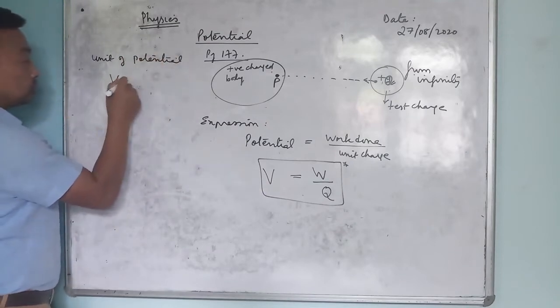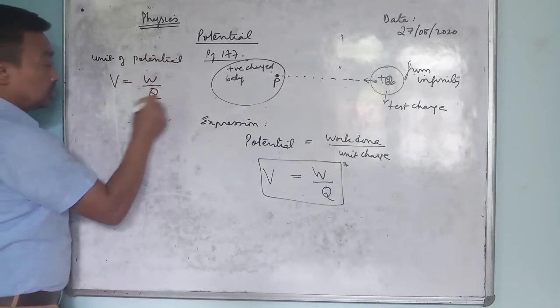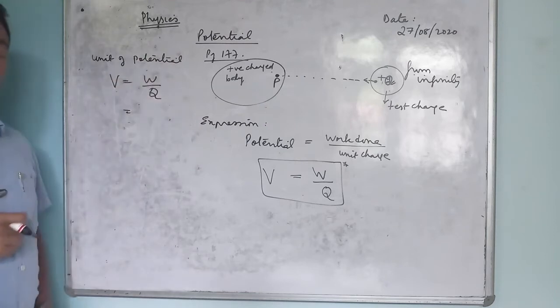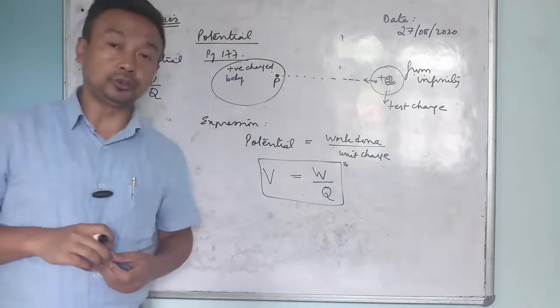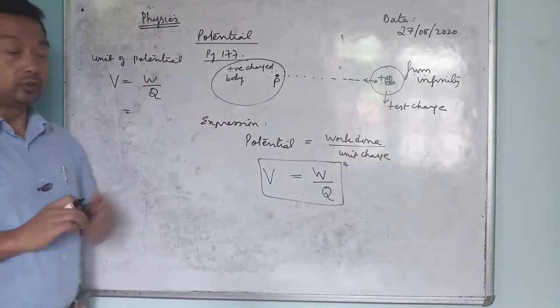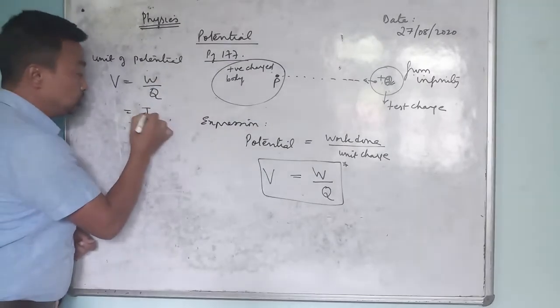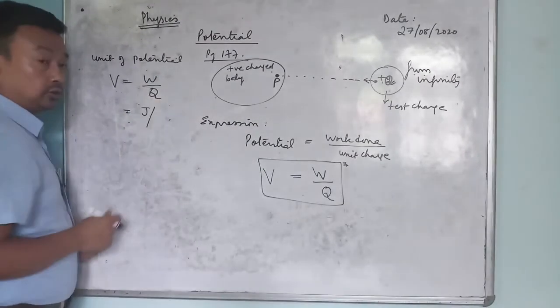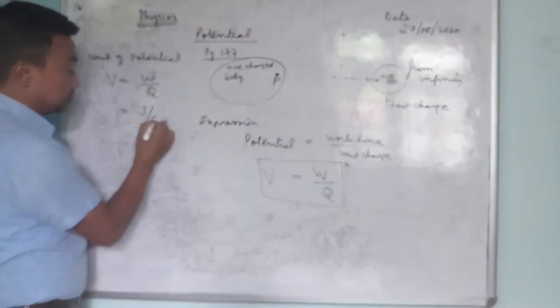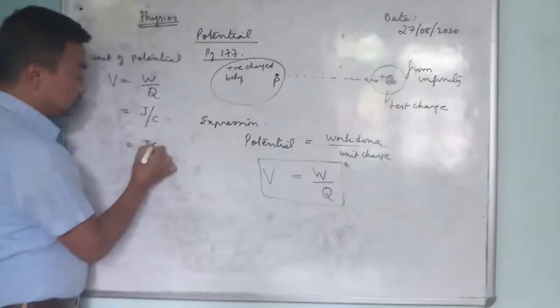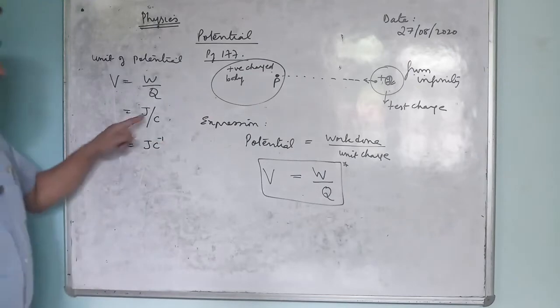Let us take the formula. We have learned in the previous class that the unit for the work done is joule, and the unit for the charge is coulomb. So joule per coulomb.